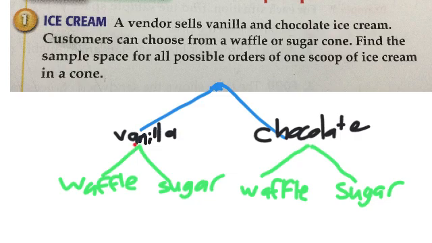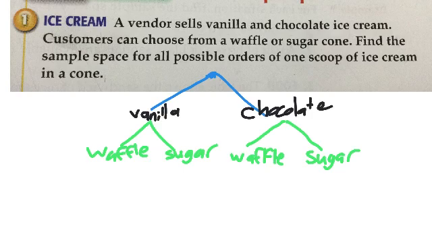So now the sample space, when we list it, is we have to go from our starting point down every possible branch combination. So we could have vanilla in a waffle cone. So that's option 1. Could be vanilla in a waffle. Okay, what's next?